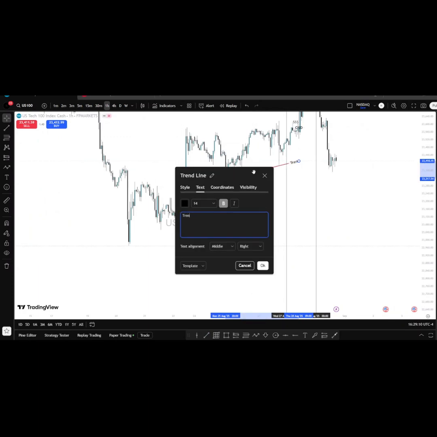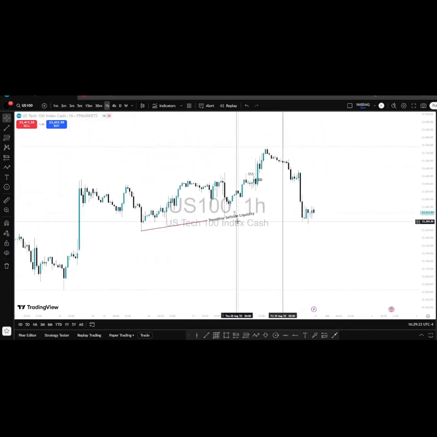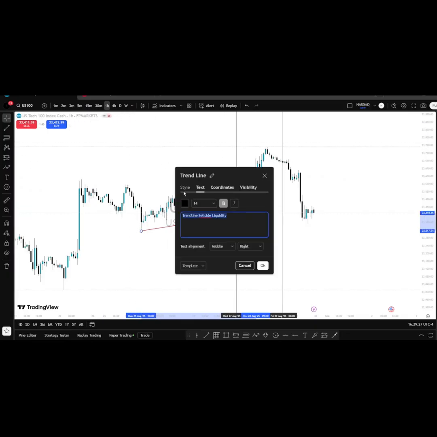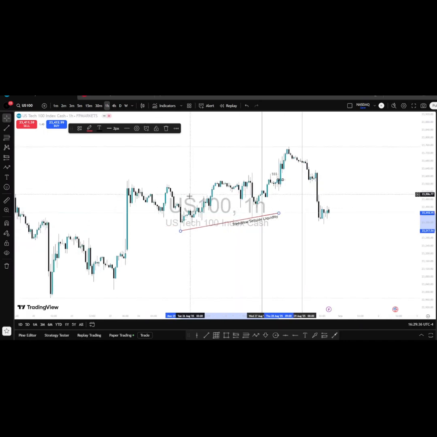Trend line, from a retail point of view. From a retail point of view, just a minute as I label this correctly. So from a retail point of view, a retail trader will see this and expect that price will come to this trend line, then it will bounce off and go higher.